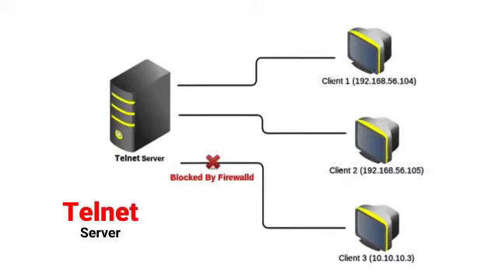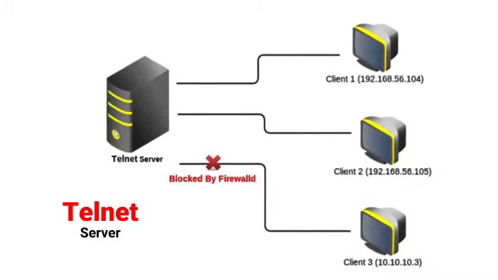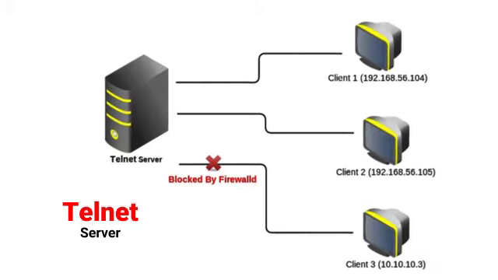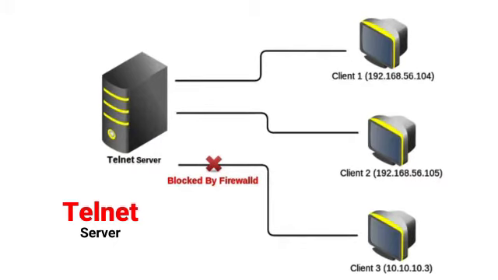This is another example for Telnet. Say, for example, in a secure network, we have an IP number here. We have a Telnet server. From that Telnet server, two of the IPs are connected. Client 1 and client 2 are recognized IP numbers. The initial numbers are all correct, and the last numbers are 104 and 105.